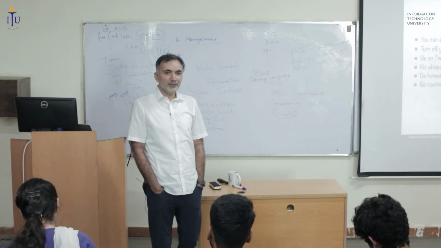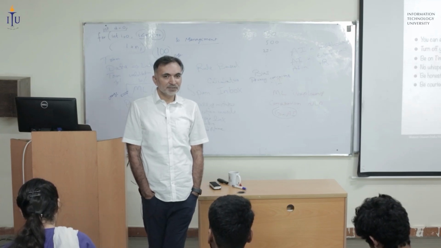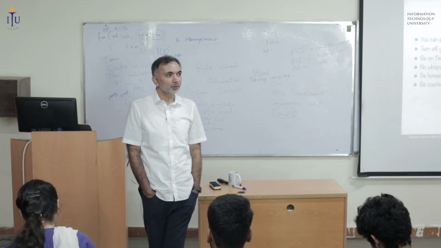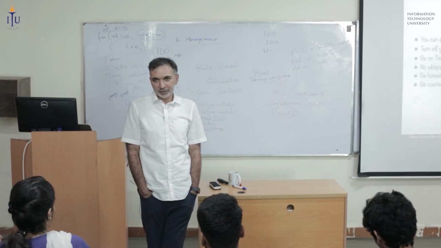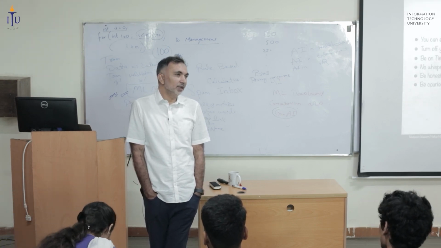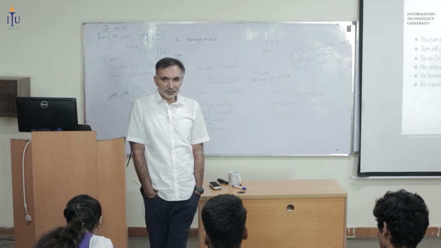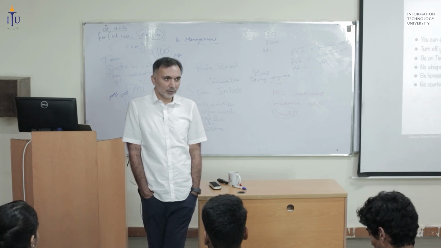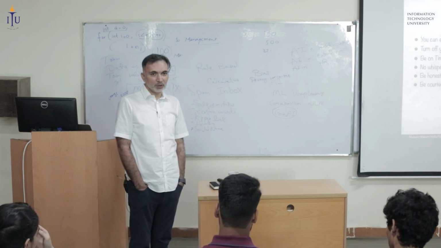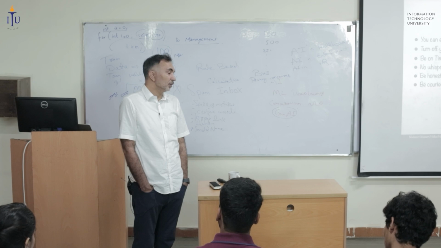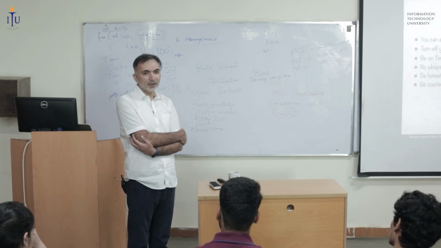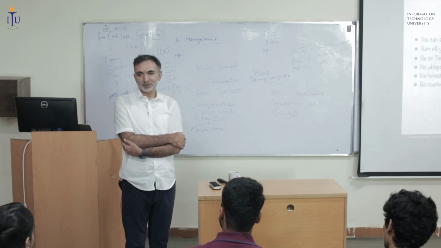If there is some emergency and you need to be available during the class, you come to me before the class and tell me that this is my emergency and I need to be available on call, and I'll let you keep your phone on. But other than that, your phone should always be off. If I find out that it rings, or that your screen is blinking or whatever, there are going to be punishments for that. Okay?